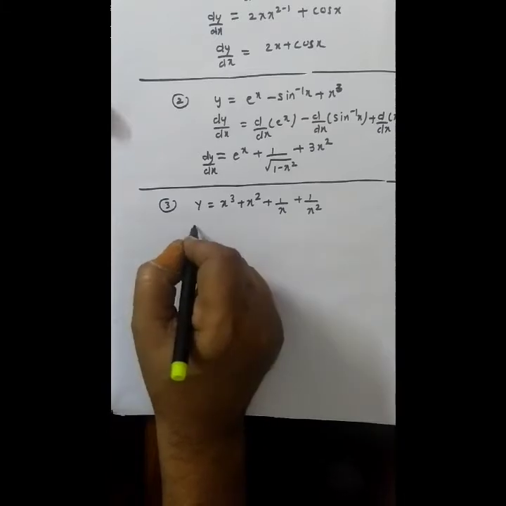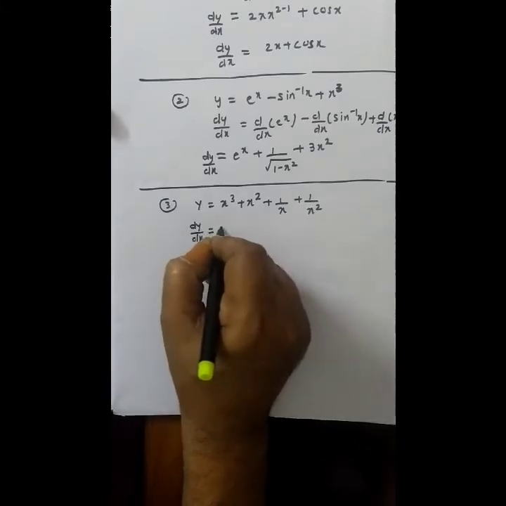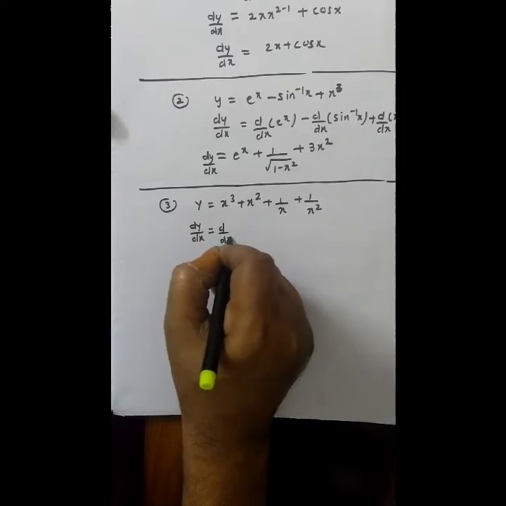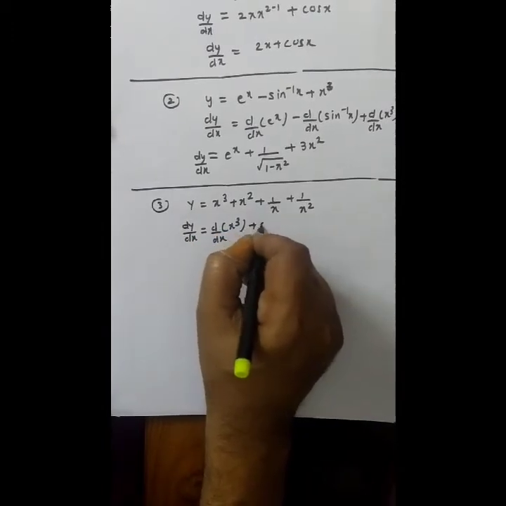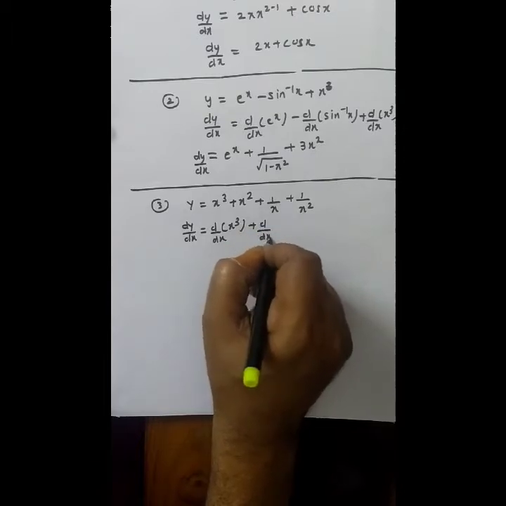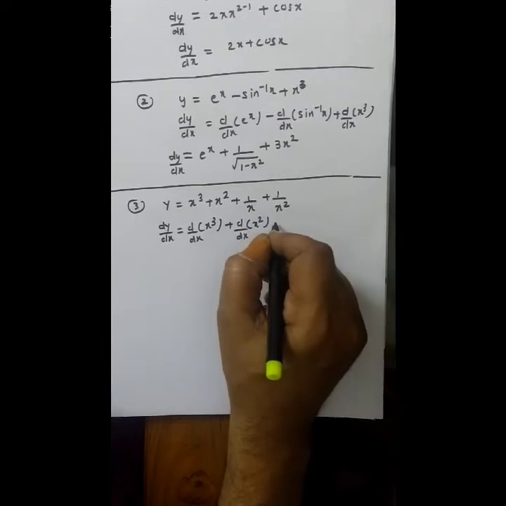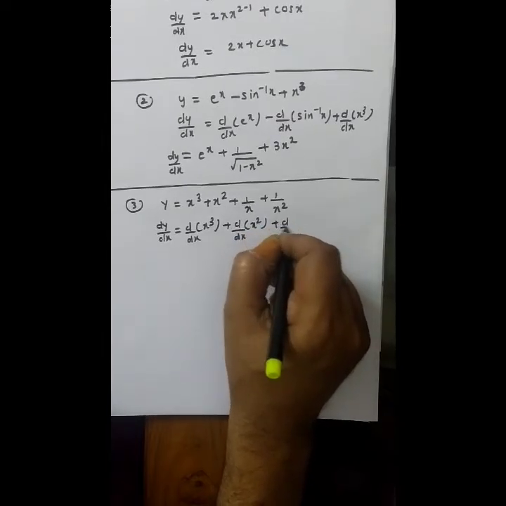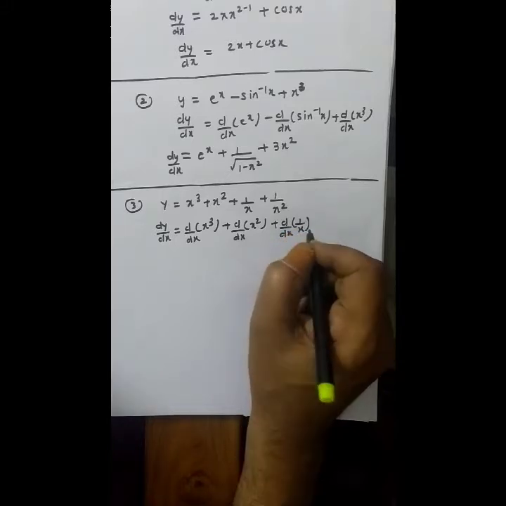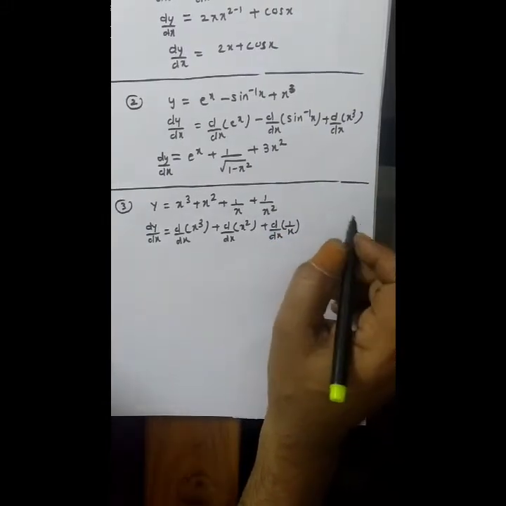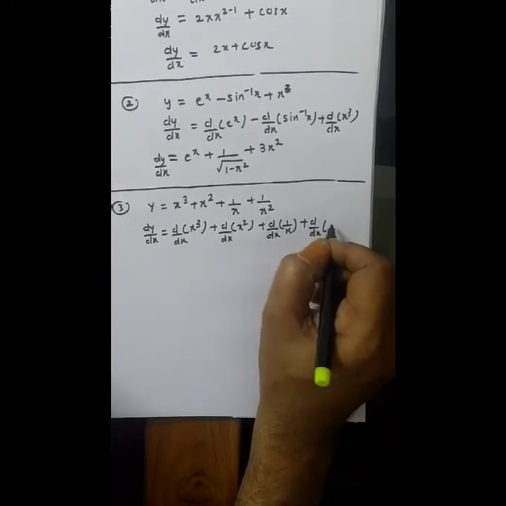So dy by dx will be d by dx of x cube plus d by dx of x square plus d by dx of 1 upon x plus d by dx of 1 by x square.